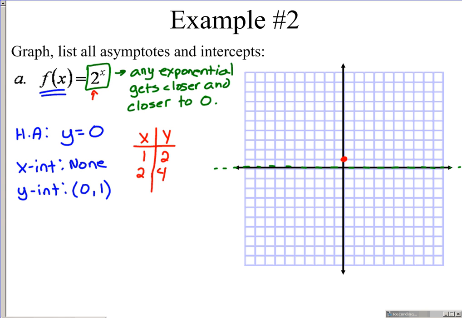So we have a point at 1, 2, at 2, 4. As we go to the left, if I put in -1, we get out 1/2. So we can clearly see our curve shape here is going to be approaching the asymptote line down here and then increase exponentially as we go to the right.